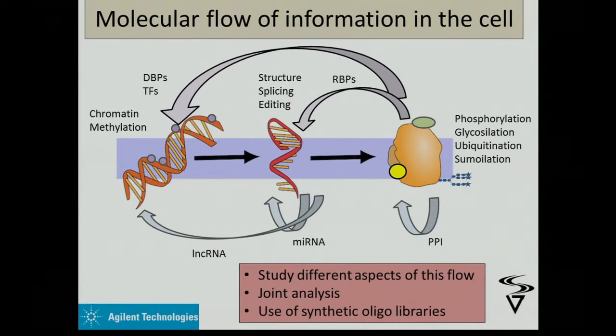So I will try to exemplify that by talking about two cases of jointly analyzing data sets that come from two different levels of this molecular picture of the cell, as well as demonstrate a use of synthetic oligonucleotides in studying aspects of regulation, basically of transcription factors acting on DNA and affecting transcription.